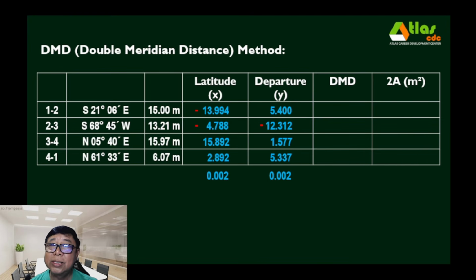The same for departure, you will arrive at 0.002. Whether that is negative or positive, it doesn't matter as long as it is not equivalent to 1. It should be less than 1 or almost 0, a very minimal value. Once you have that, the next thing that you have to do is to determine the DMD.